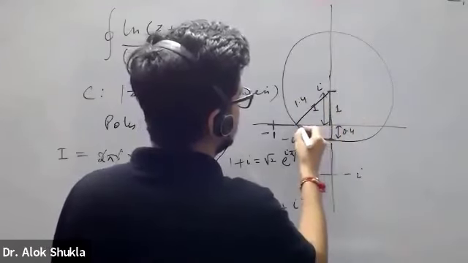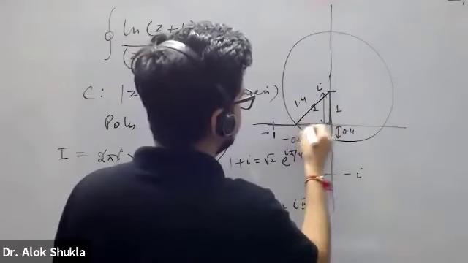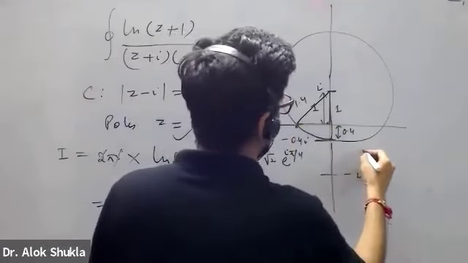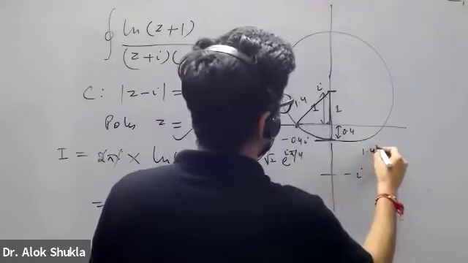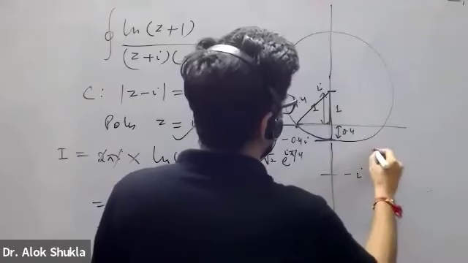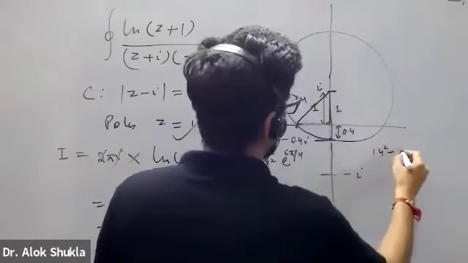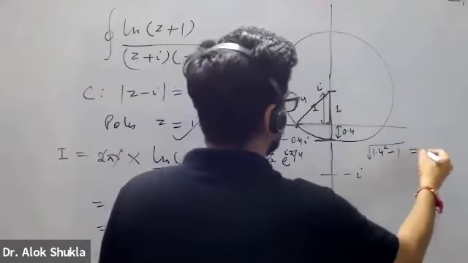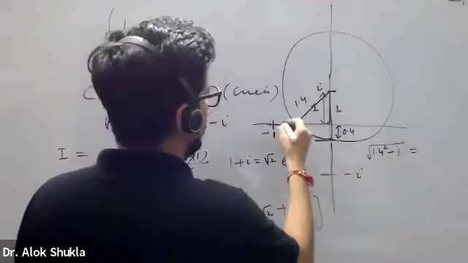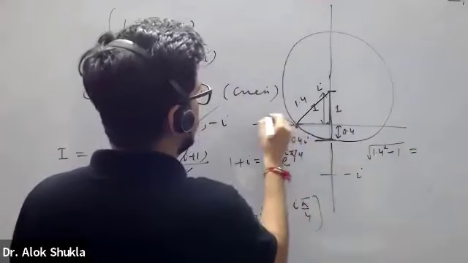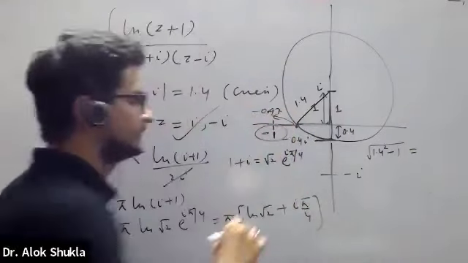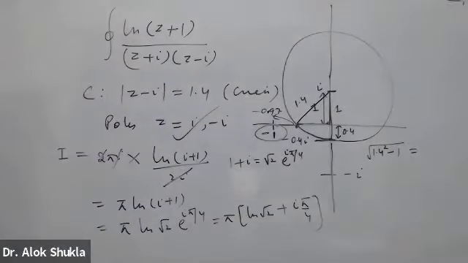So what is this distance? Tell me. So that will be 1.4 square minus 1, under root. Tell me, someone. So 0.97. So it will be minus 0.97. So it is just outside. Okay. Yes, sir. That was a good question.